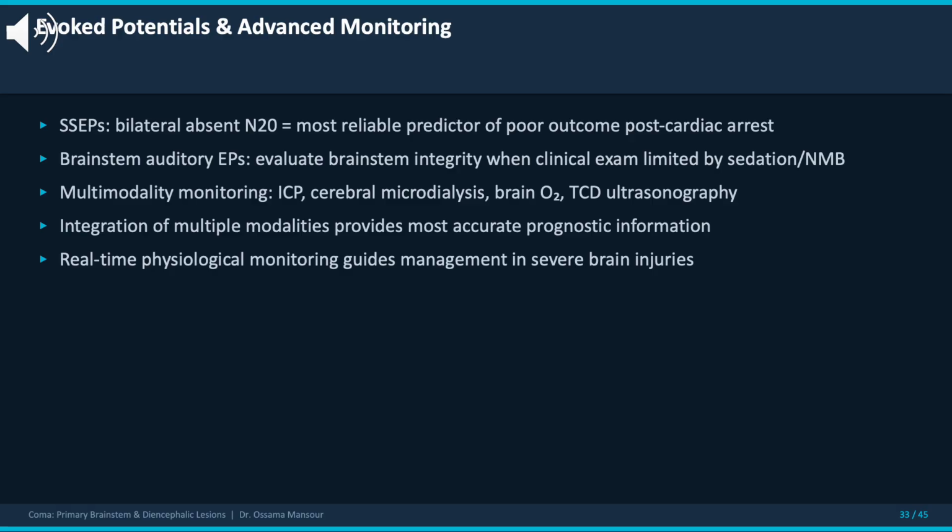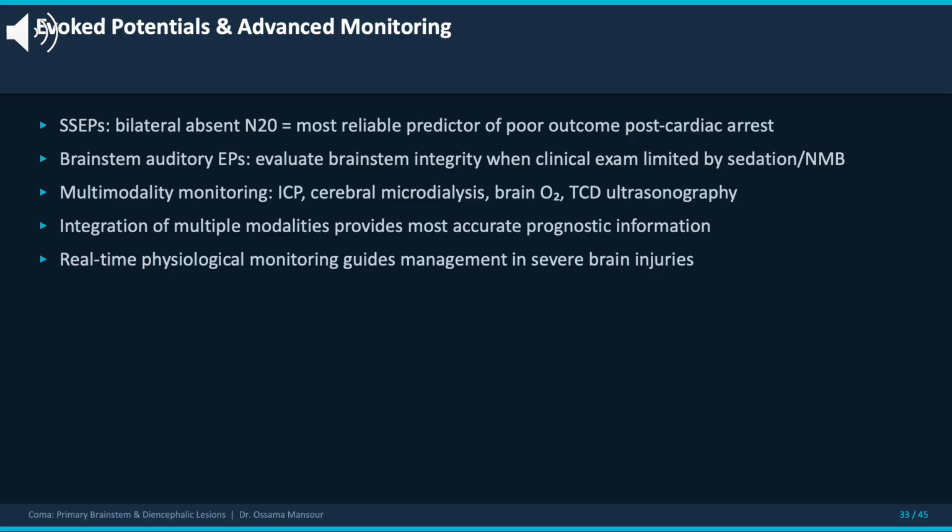Brainstem auditory evoked potentials assess the integrity of the auditory pathway through the brainstem and are particularly useful for evaluating brainstem function in patients where clinical examination is limited by sedation or neuromuscular blockade. Visual evoked potentials are less commonly used in coma evaluation, but can provide information about visual pathway integrity.